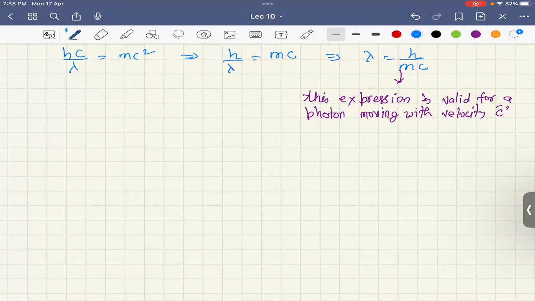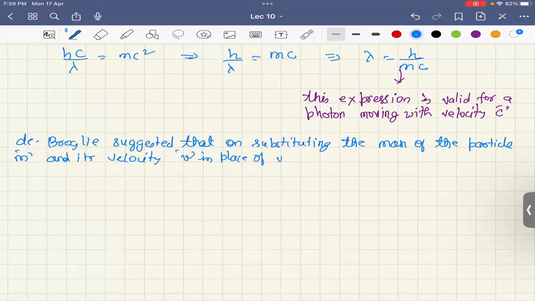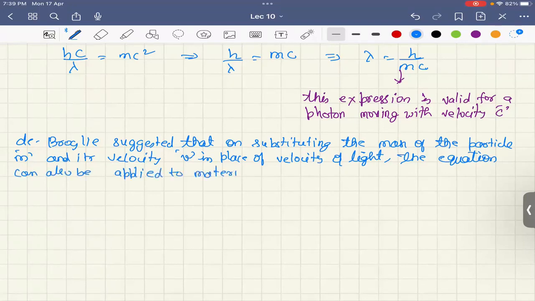So de Broglie suggested that on substituting the mass of the particle m and its velocity as v in place of the velocity of light, the equation can also be applied to material particles, right?